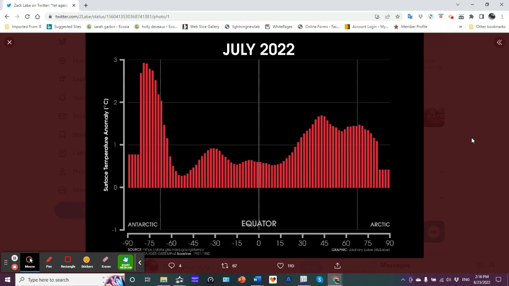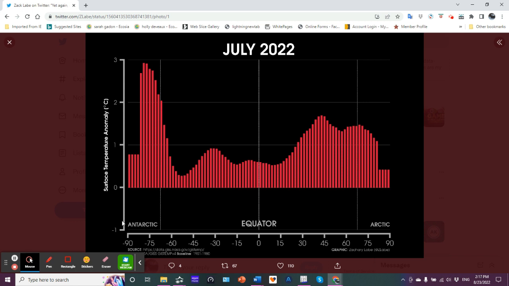This is even more astounding because keep in mind now, right? July is the middle of the Southern Hemisphere winter. And look what's going on here. Now, the departure from, again, we're talking the 1951 and 1980 30-year baseline.